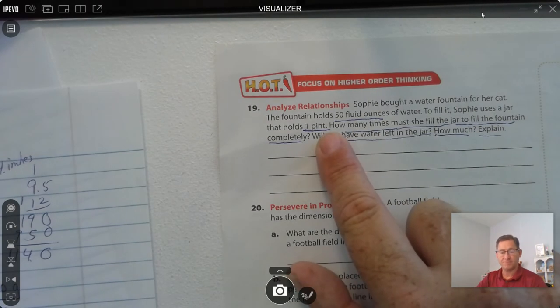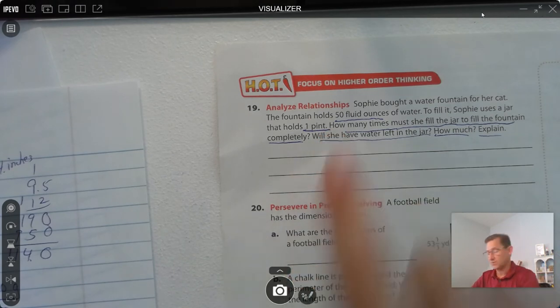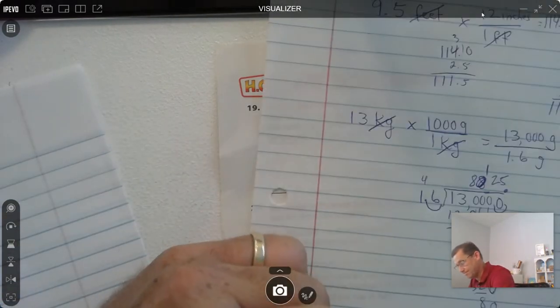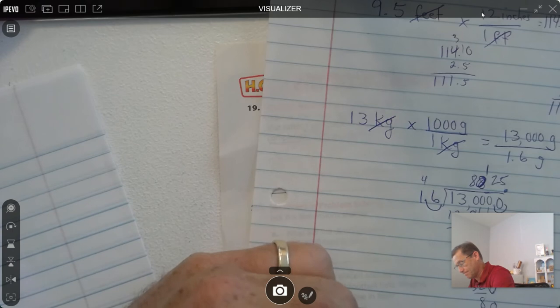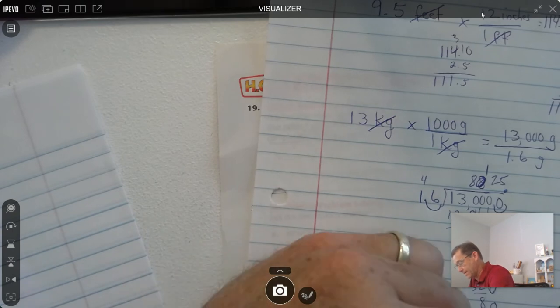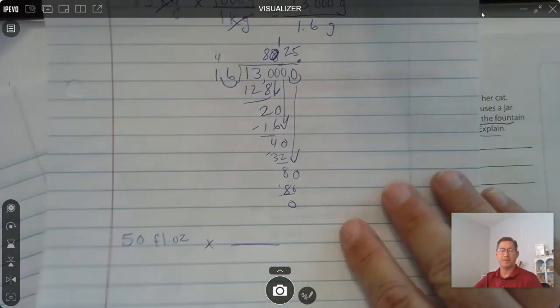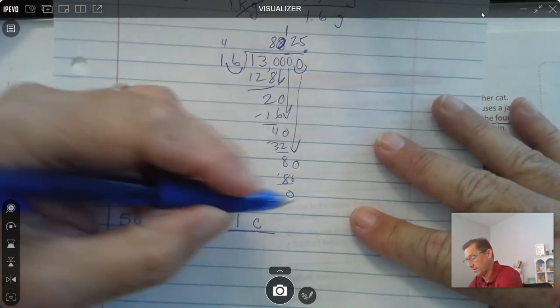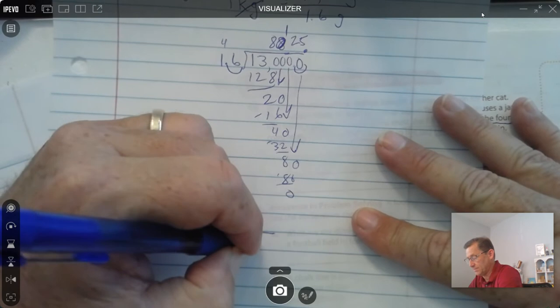All right, so 50 fluid ounces into pints. Well, we don't have that direct relationship right there, right? So we're going to have to do some converting. So let's start with 50 fluid ounces. And what is a direct relationship that fluid ounces has? Well, we know that 1 cup is 8 fluid ounces.